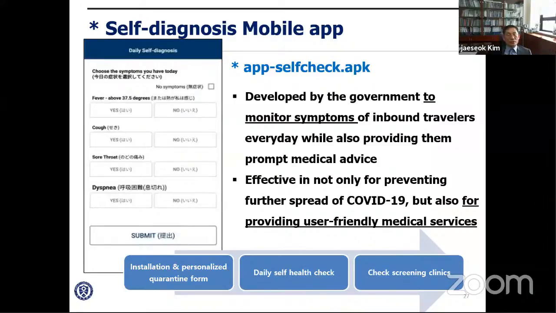This one is developed to monitor symptoms of inbound travelers every day. And it also provides user-friendly medical services. This is the main screen of this app.